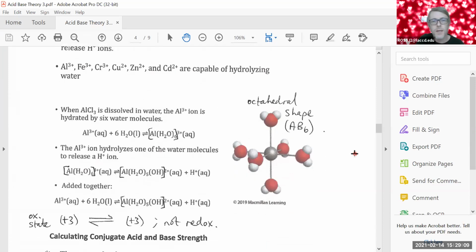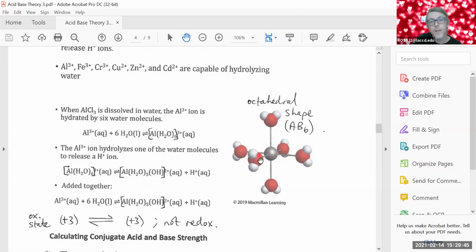It's going to form something like this, which you'll recall from a previous semester of general chemistry as an octahedral structure, or an AB6 structure, where we have aluminum in the middle and six water molecules. Notice the orientation. The more electronegative oxygen is approaching the electron deficient center here, the aluminum.